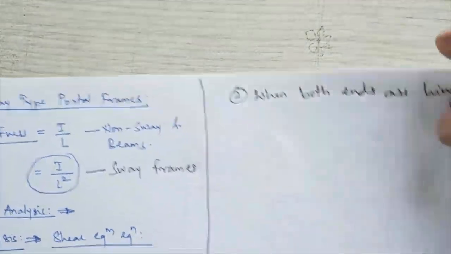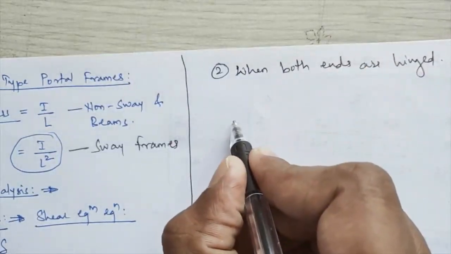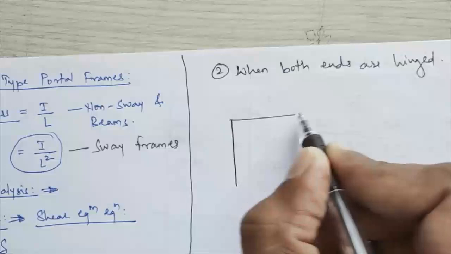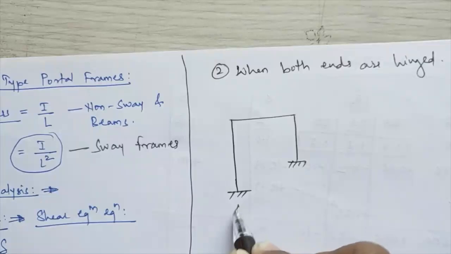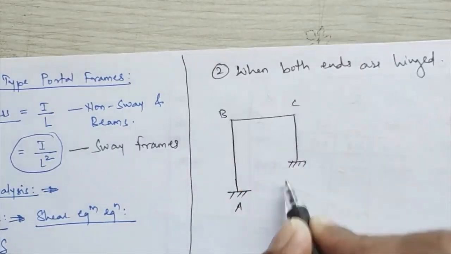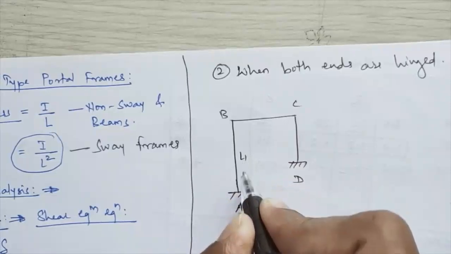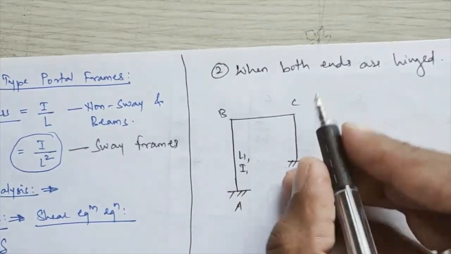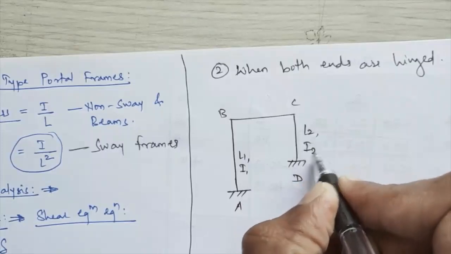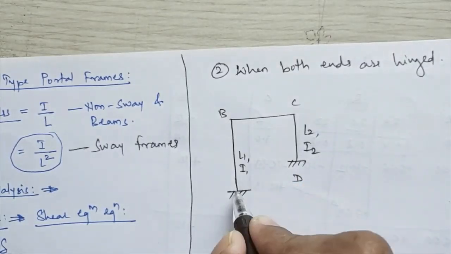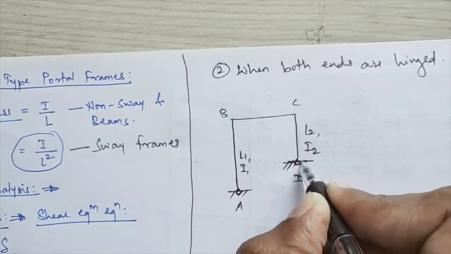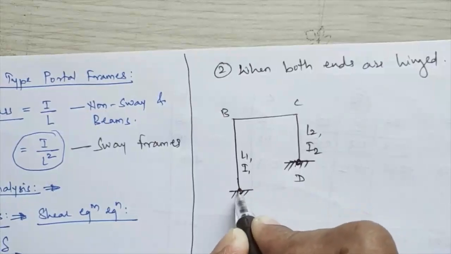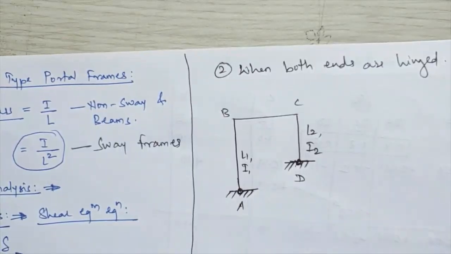Again I'll draw the diagram, the same diagram: A, B, C and D. The length of the first column is L1, its moment of inertia is I1, the length of the second column is L2, and its moment of inertia is I2. And here you have to introduce the hinge supports. So I have introduced one hinge support at point A and one at point D.